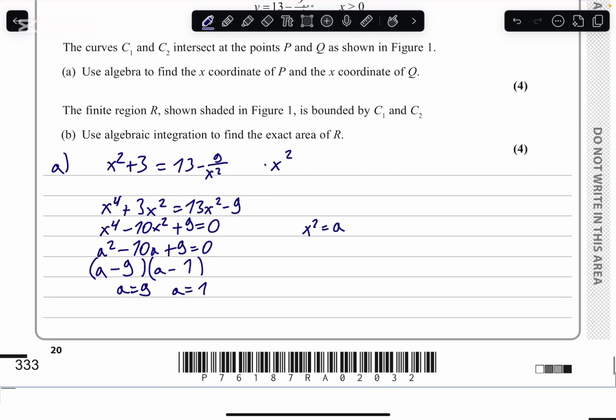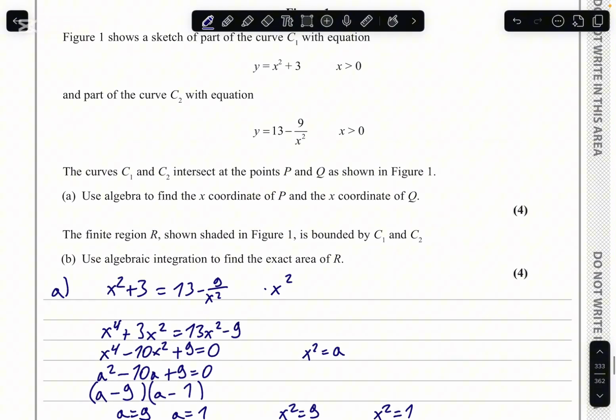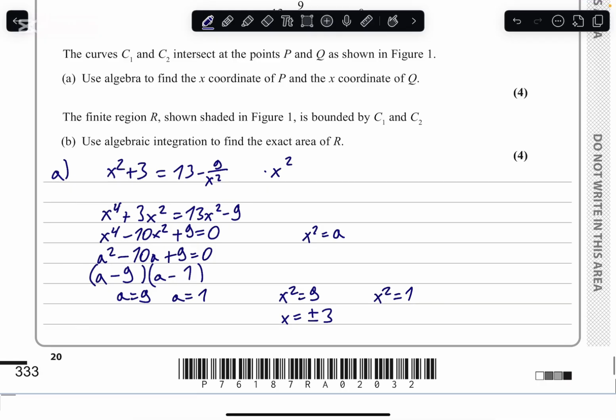But we're not done yet, because remember we substituted x squared for a, so it's actually x squared is equal to 9 and x squared is equal to 1. So x is equal to plus or minus root of 9, which is 3. But we are told that x is bigger than 0, so we reject the minus here, and here as well. So we are only left with x is equal to 3 and x is equal to 1.